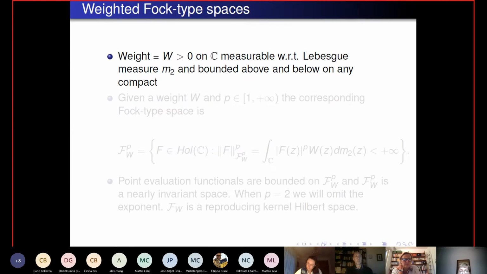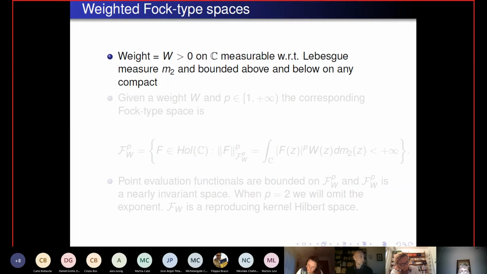Here's the setting for my talk. We're going to work with spaces of entire functions, and we call them Fock-type spaces because we have weighted LP norms of them. So we take a weight, which we assume to be measurable, positive, and also in addition bounded above and below in any compact.